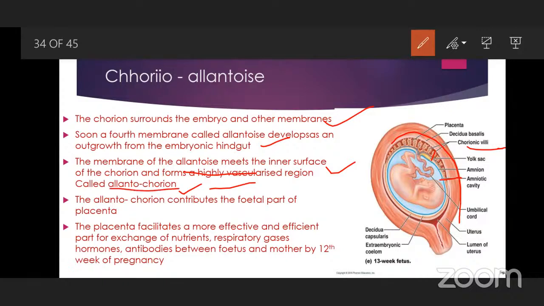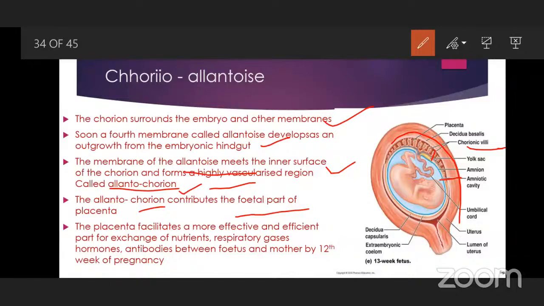Now this allantochorion contributes the fetal part of the placenta. We know that the placenta is helpful in exchange of gases and transporting substances from mother to the fetus, and transport of excretory waste from fetus to the mother.